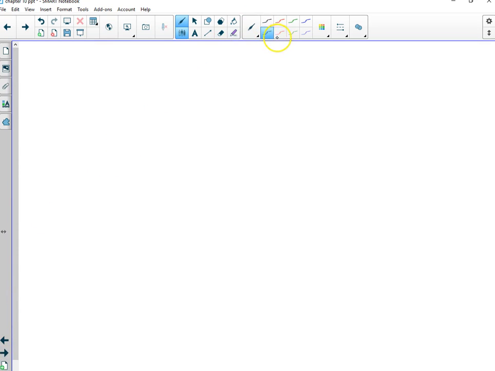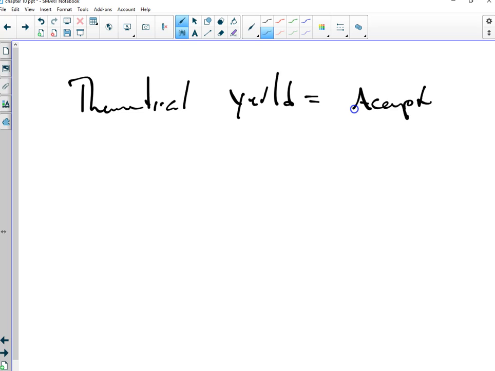So in this lab, we were supposed to get theoretical yield, or our accepted value, which is the non-fancy way of saying that. And whenever we do this, we just use math to find stuff.